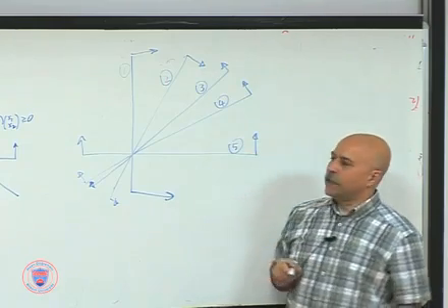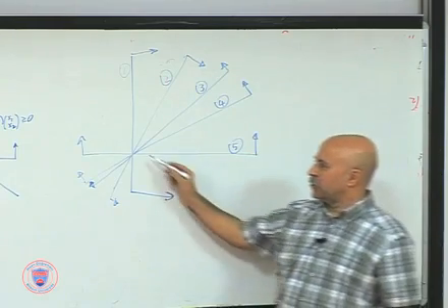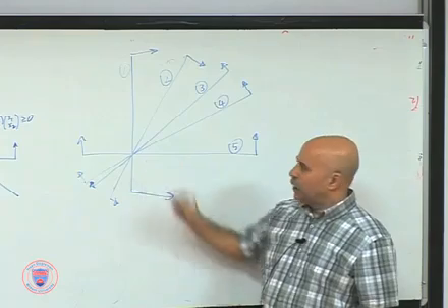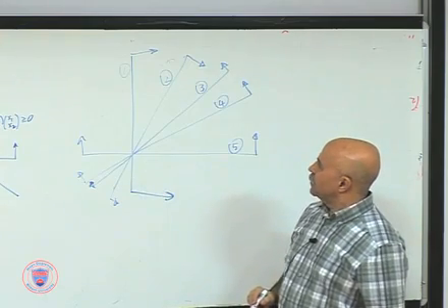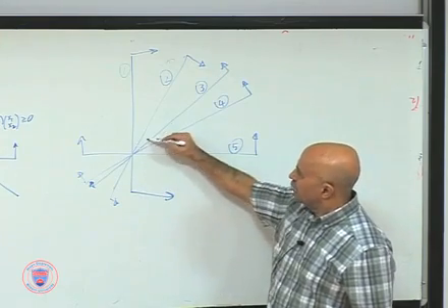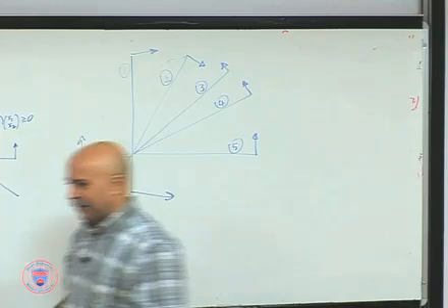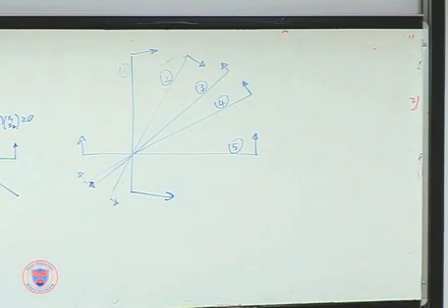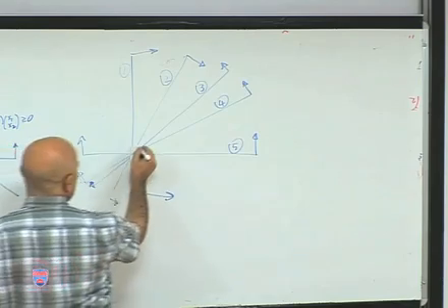So each defining hyperplane passes through the origin. What is the polyhedral set under consideration? It's this one. I'm running out of ink today. It's this one.